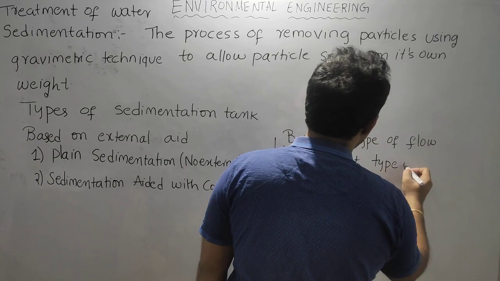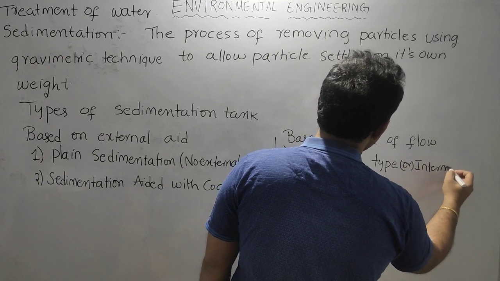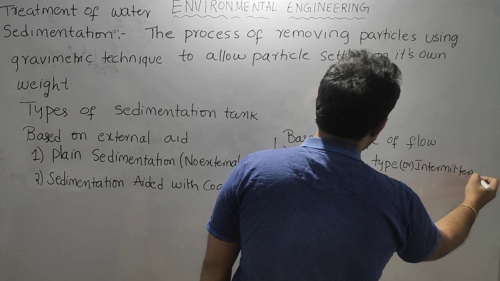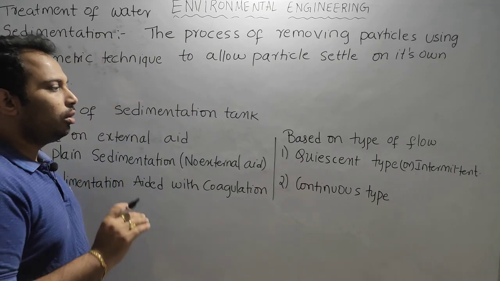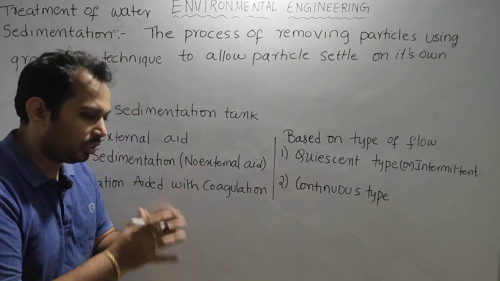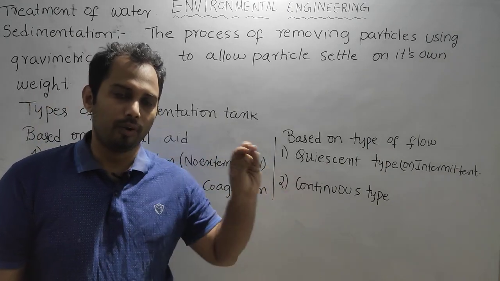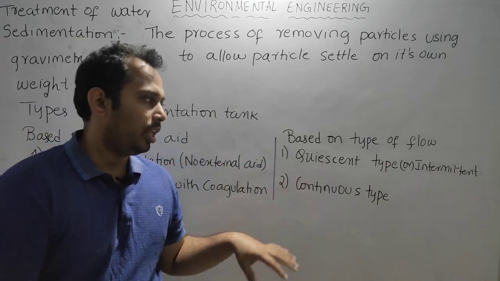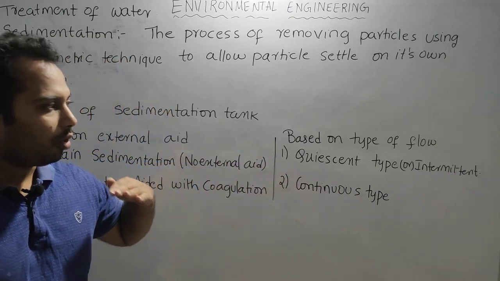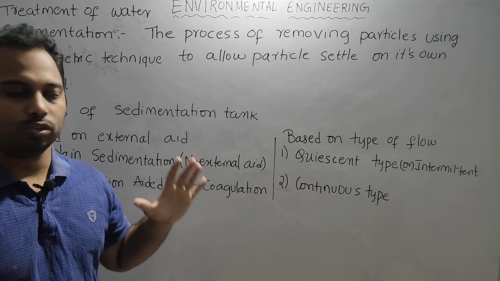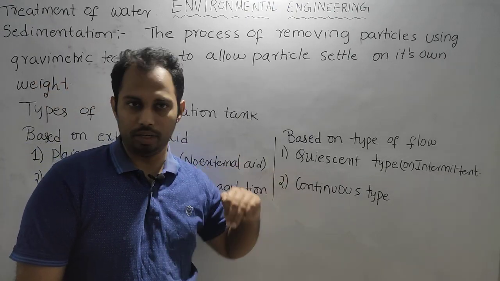Quiescent type is also called intermittent. Quiescent means on and off. We send water into the quiescent type sedimentation tank and keep the water at rest for 24 hours, and then we take the water out. Whereas continuous type is not like that. The water is continuously flowing. There is no rest for the water.